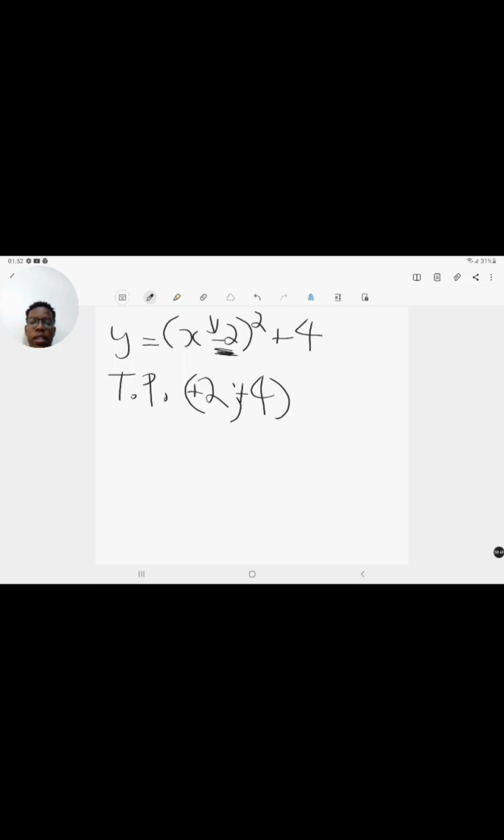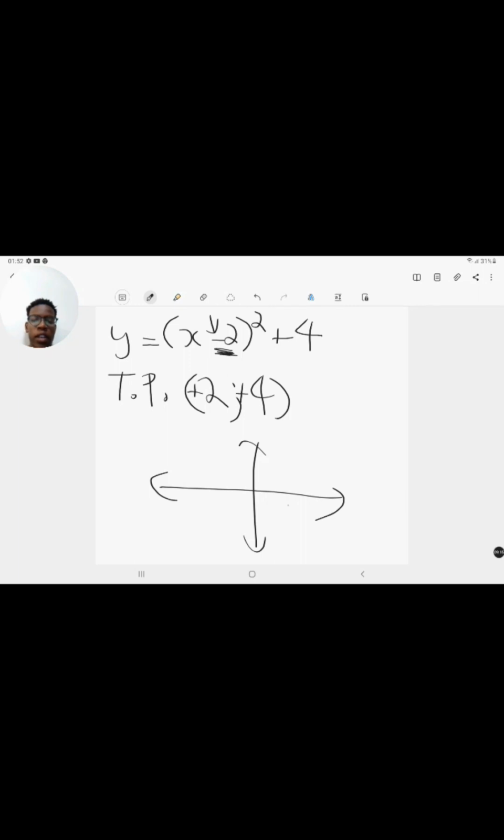And what does this mean? This graph will have x intercepts somewhere.